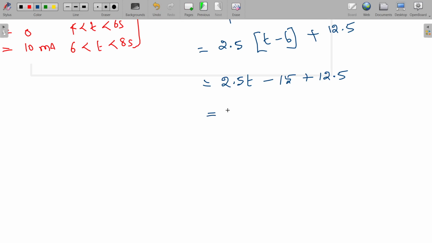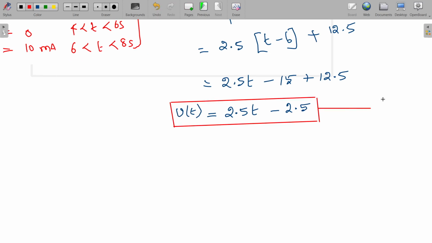So that is equal to 2.5t minus 2.5. So this is V of t for the time period 6 to 8 seconds. This is our sixth equation.